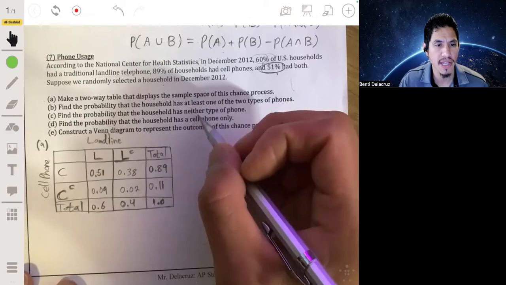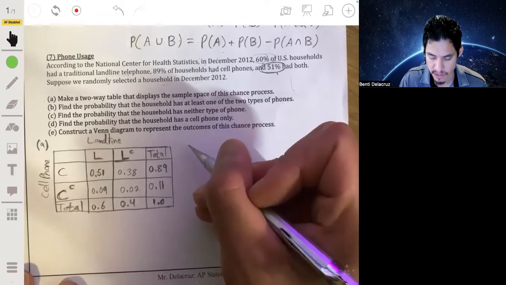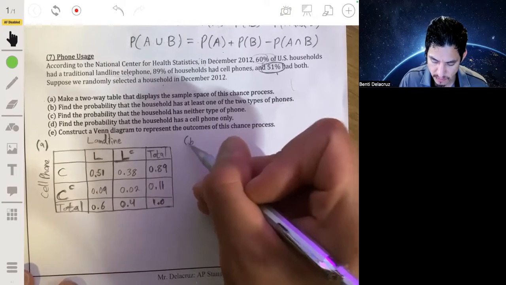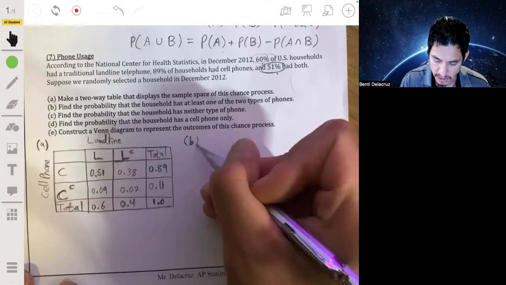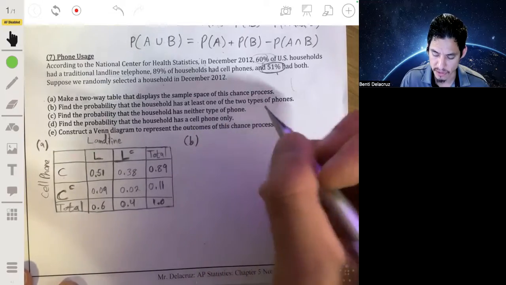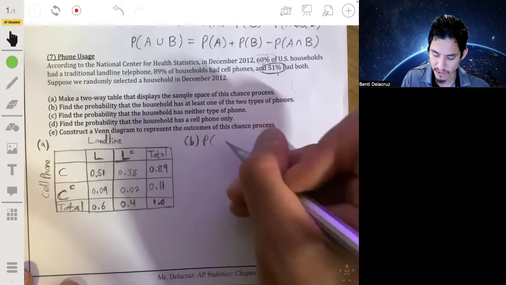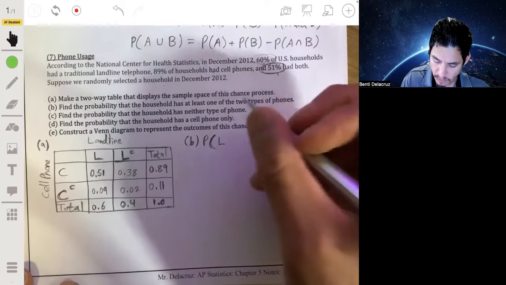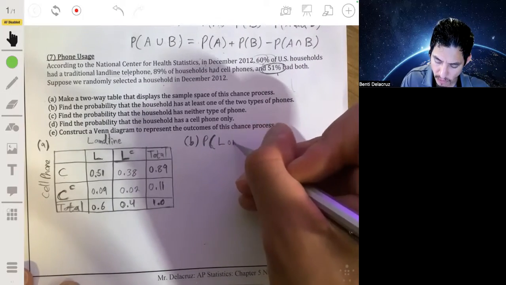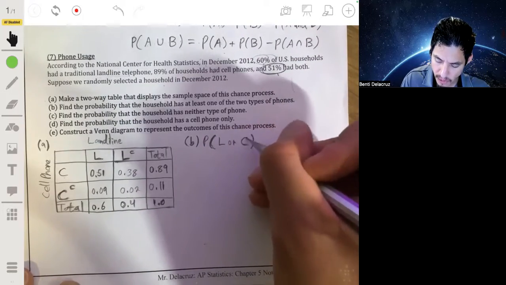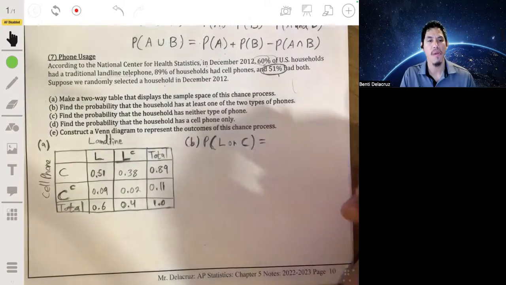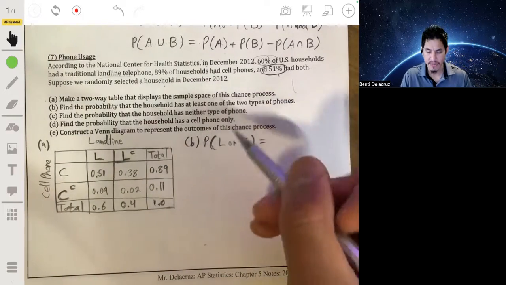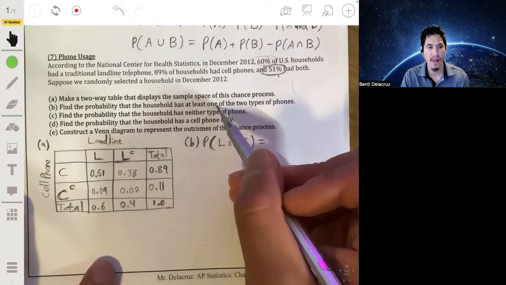Part B, find the probability that a household has at least one of the two types of phones. Okay, so at least one of the two types of phones. So the probability that they either have a landline or a cell phone, the probability of L or C. And so remember, it says at least one.